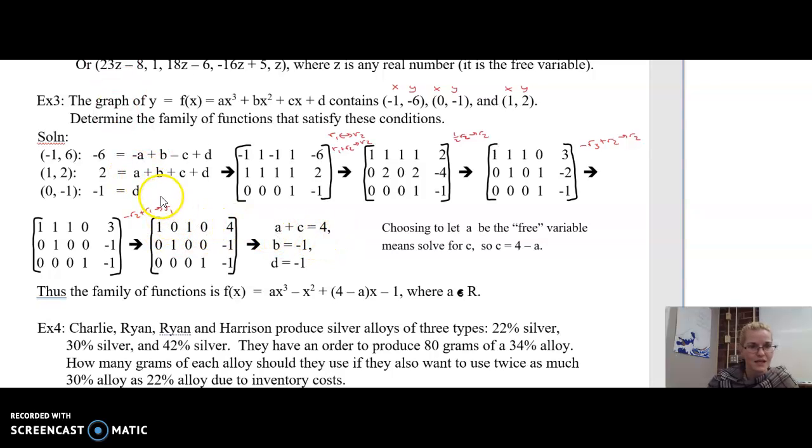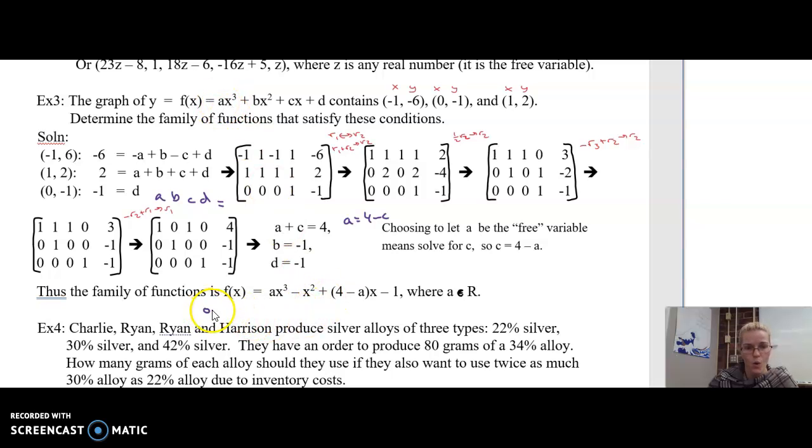If this is A, B, C, D equals, right? A plus C equals 4, B equals -1, D equals -1. And so in this case, you could choose to let C be the free variable, or you could choose to let A be the free variable. If you solved this and said A is equal to 4 minus C, then you would have had 4 minus C as your coefficient.